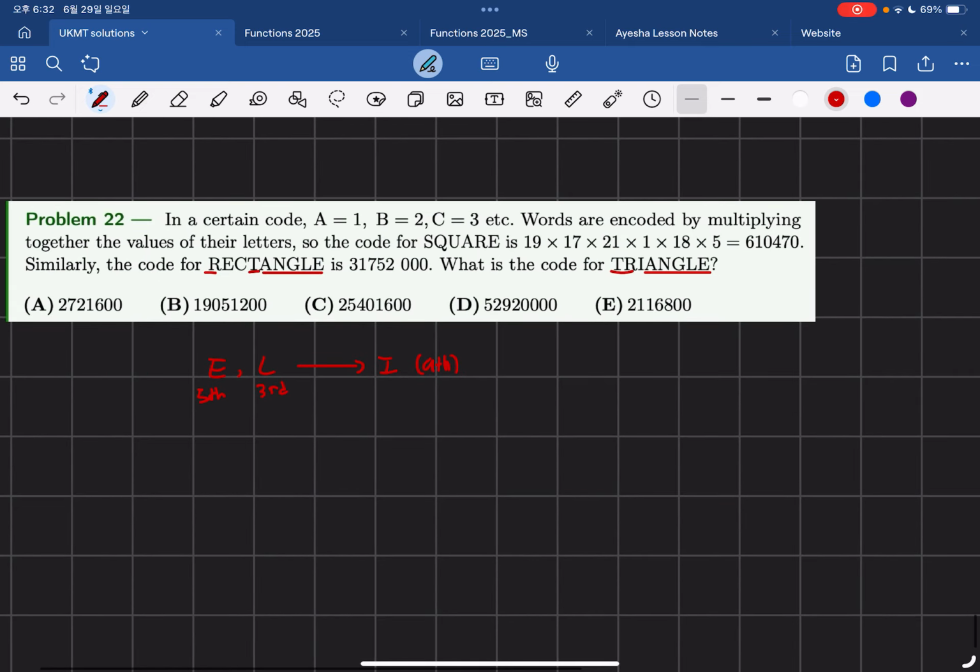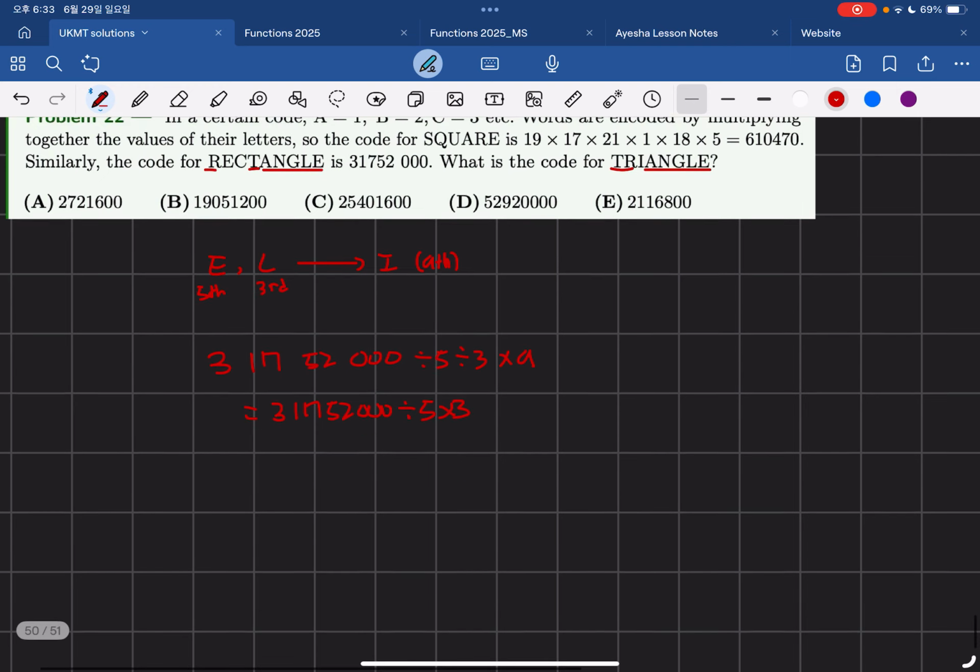Now what we can do is divide this number by 5 and by 3 and multiply by 9, and this is the same as dividing by 5 and then multiplying by 3.